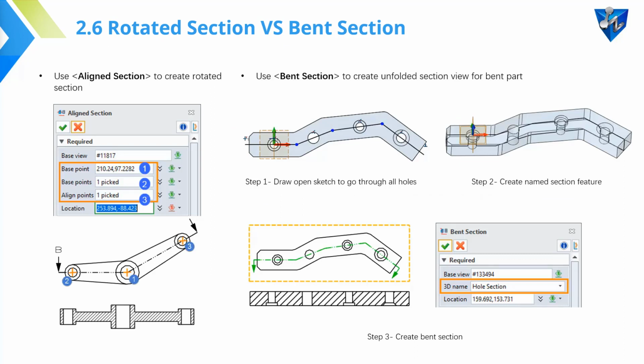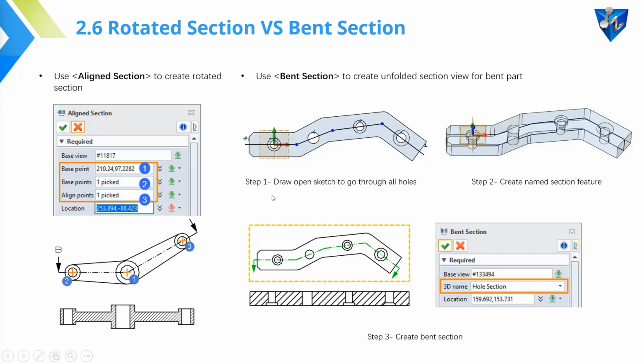Here I would like to show you about how to create rotate section and bend section. Rotate section is for this kind of part, and the bend section is to show the holes on the part clearly, the shape, the size. It will be much more visual.